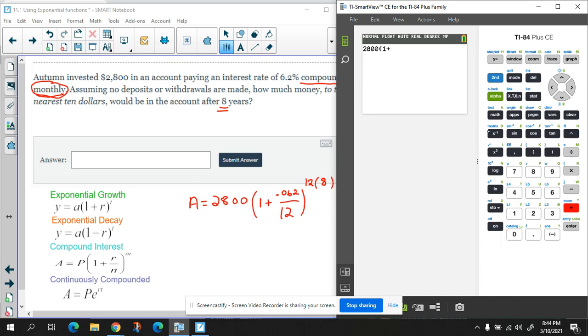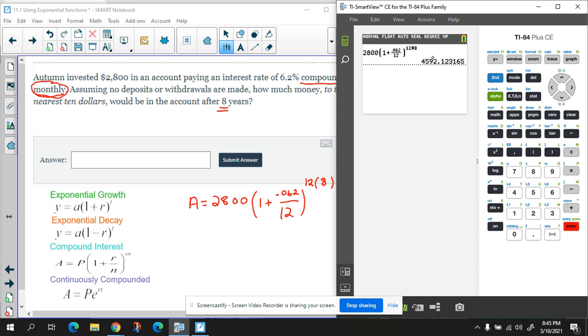Use the alpha y equal, enter to get a fraction so you can have a top, 0.062, and then arrow down to the denominator for your 12, arrow out to close the parentheses. Now caret to raise that up to the 12 times 8. You can use parentheses or the times sign for the 8.